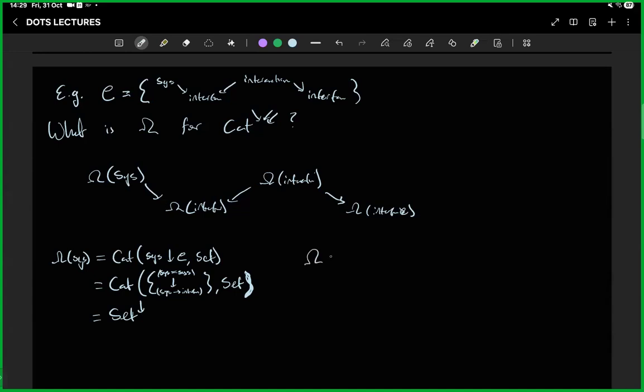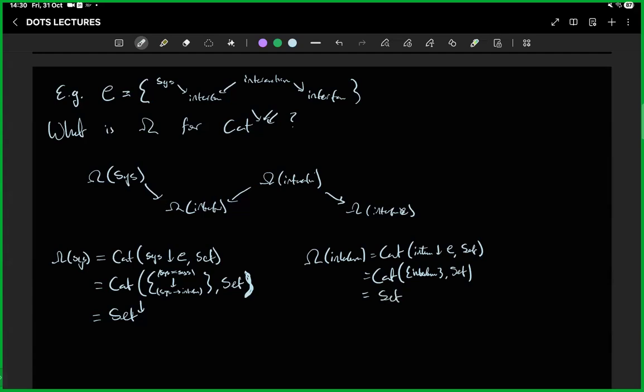Okay, let's compute omega interface. Again, by definition, it's interface sliced over C into set, and then we just compute what interface sliced over C is. In this case, it's very easy because interface has no maps out of it, except for the identity, of course. So this is a singleton set. So we end up with just a category of sets.